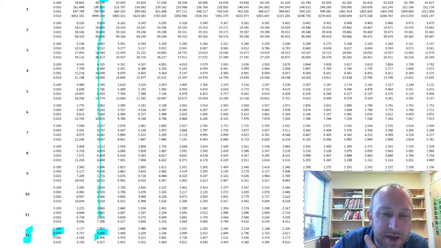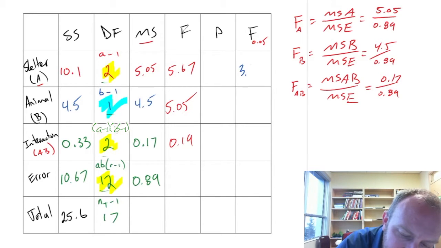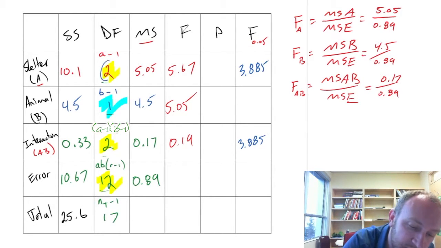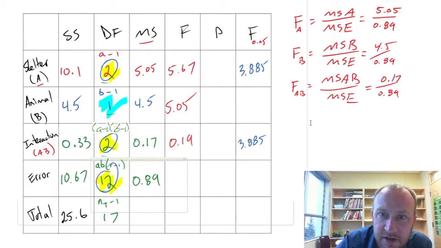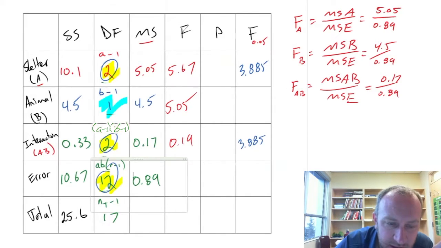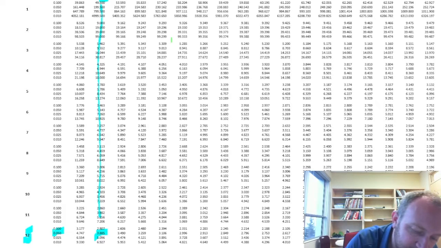And that's going to be my critical value for both factor A and interaction, because those two both have 2 degrees of freedom in the numerator, and they all have the same degrees of freedom in the denominator. So for the critical value for factor B, I have to go back to our F tables. I still have 12 degrees of freedom in the denominator, so my denominator degrees of freedom don't change.